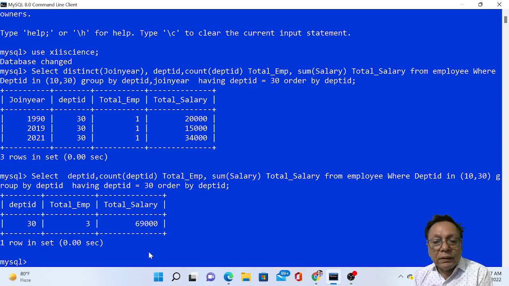But since they are employees who joined the company in different years, that is why I have used join year here.